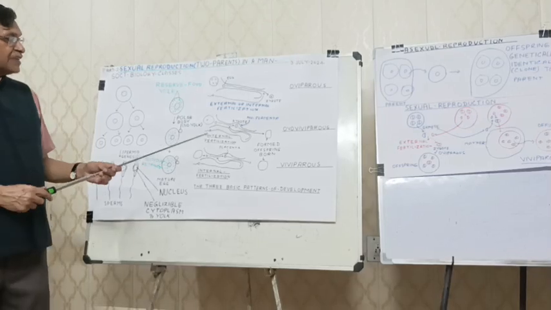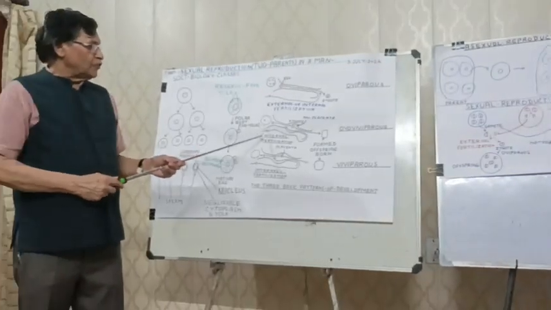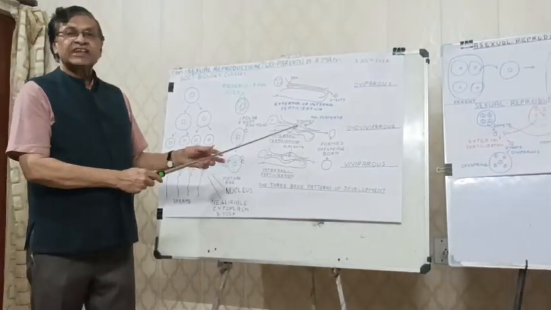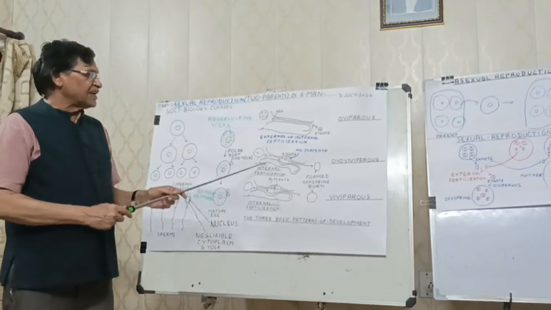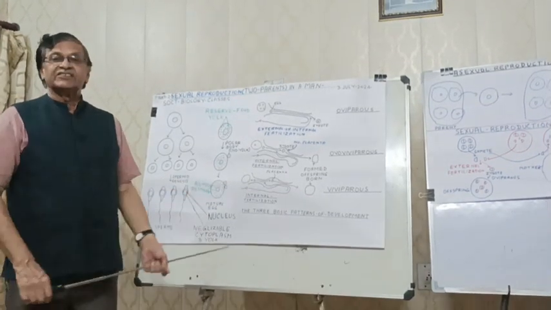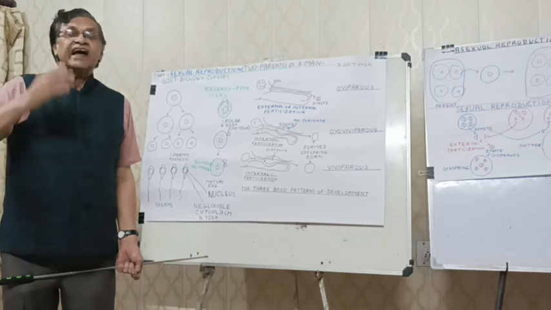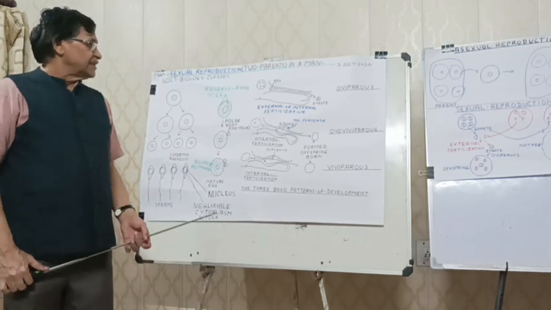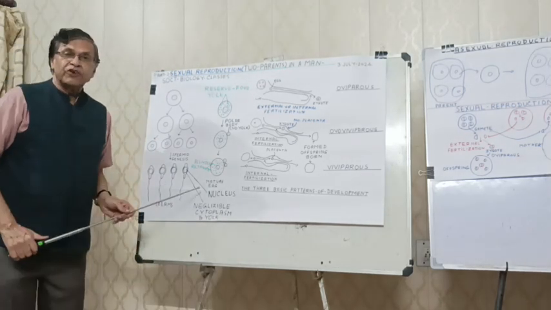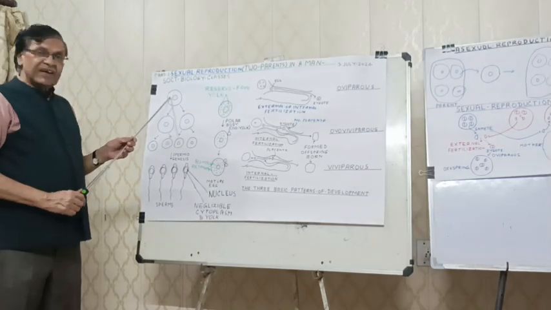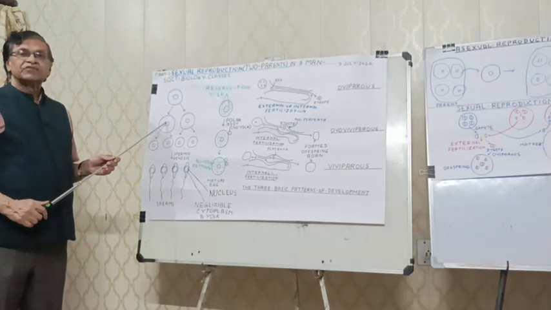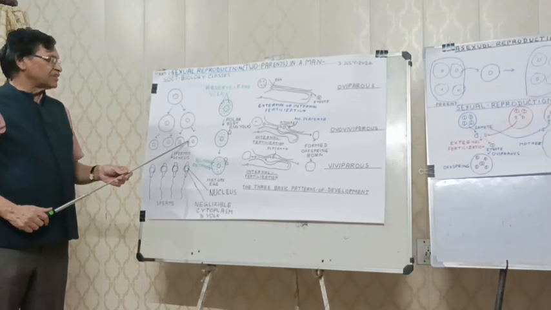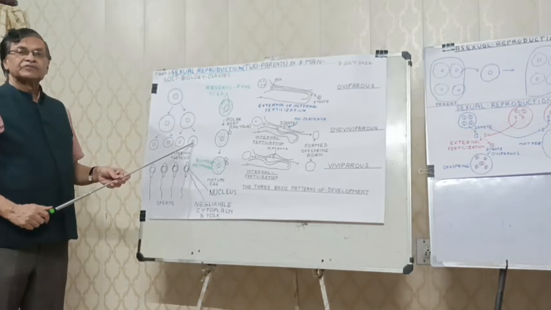But you see, a female gamete has to travel a little distance, but a male gamete has to travel a larger distance. So nature has developed a very interesting thing: during male gamete formation, the first meiotic division takes place, then the second meiotic division, and 4 cells are formed.